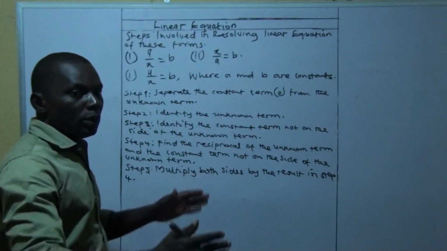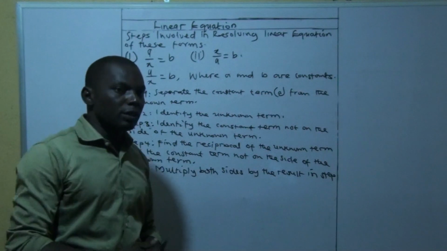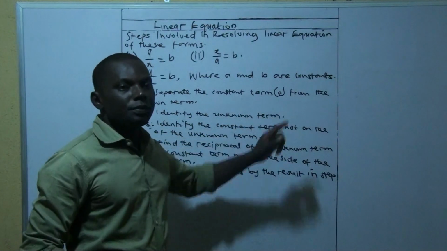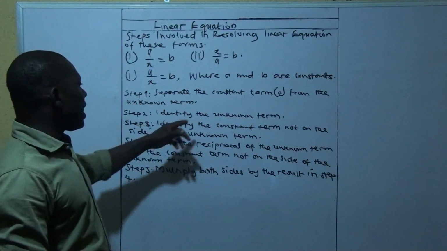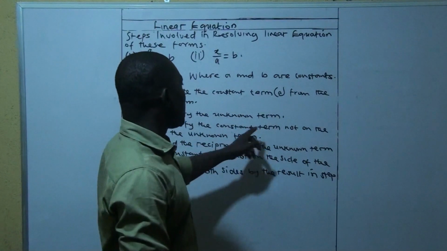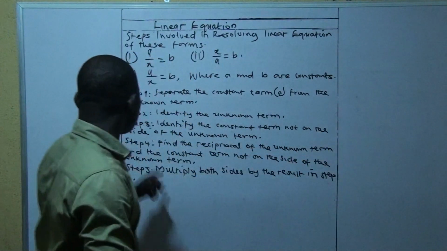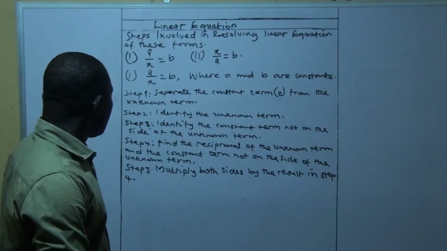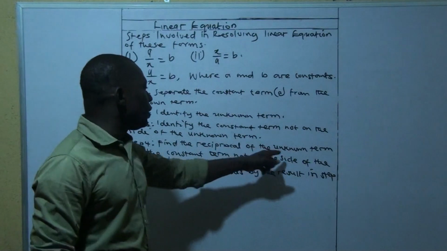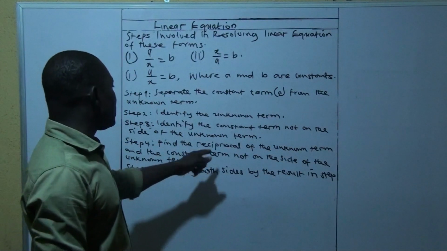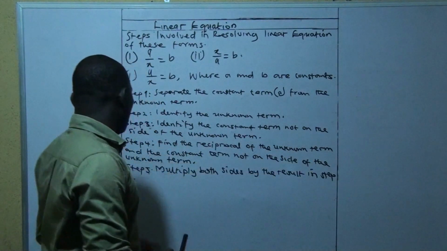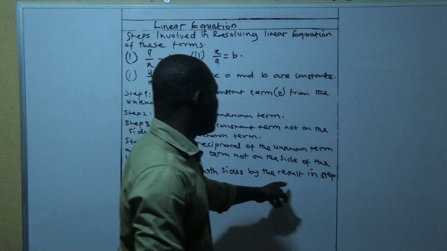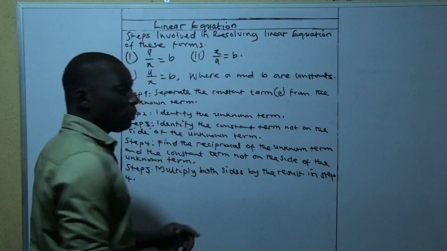You have to separate them with multiplication. Step 2, identify the unknown term. Step 3, identify the constant term not on the side of the unknown term. Then step 4, find the reciprocal of the unknown term and the constant term not on the side of the unknown term. Then step 5, multiply both sides by the result in step 4.